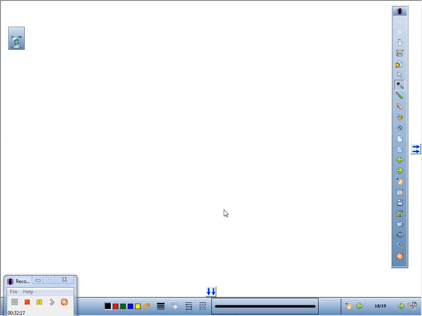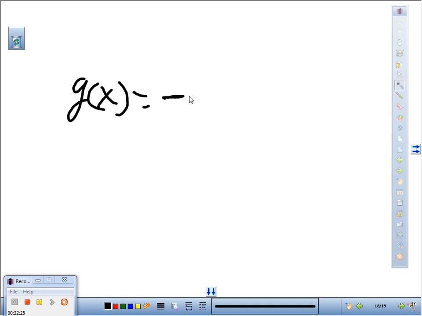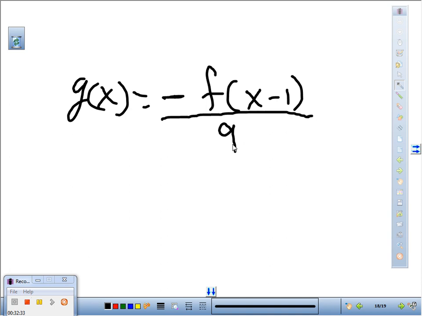Put your pencils down, look up to the screen. You're going to be getting some of these. G of x equals negative f of x minus 1 over 9. And some of you, when you saw this the first time, you're like, Mr. Q, that doesn't look like anything of the rules that you gave us.